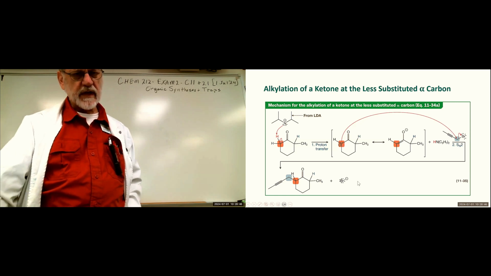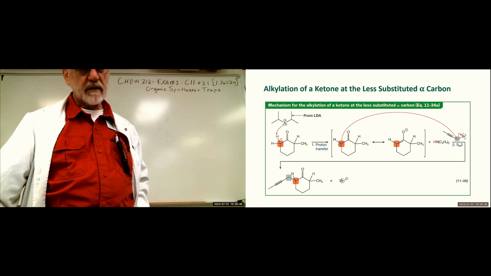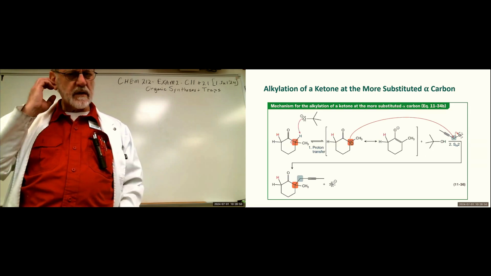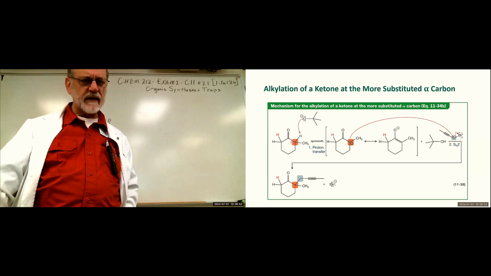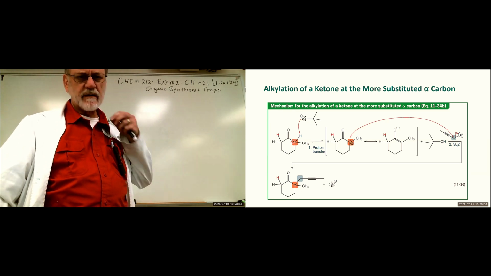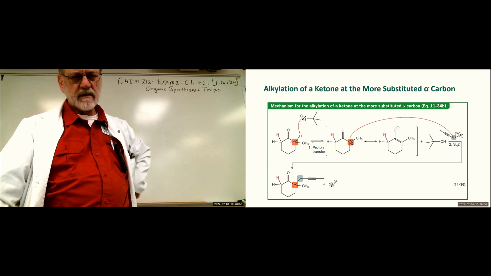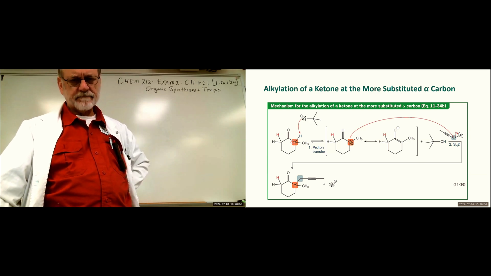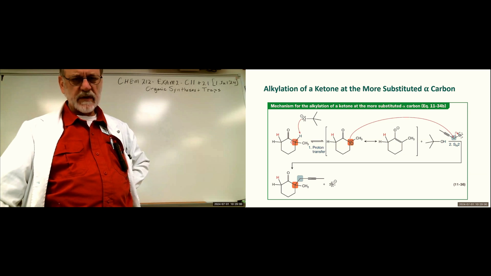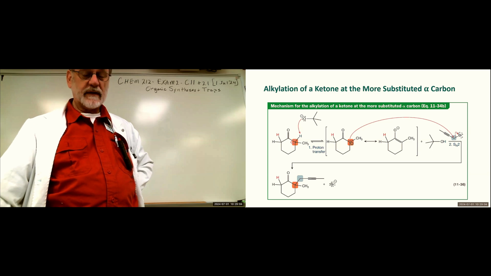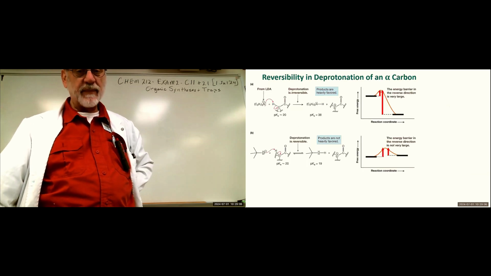That's what it looks like in the mechanism. What if we use an alkoxide? An alkoxide tends to attack. We still get enolate stabilization. Now, why? That's the question. Why does that happen?